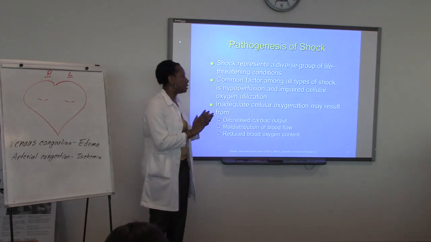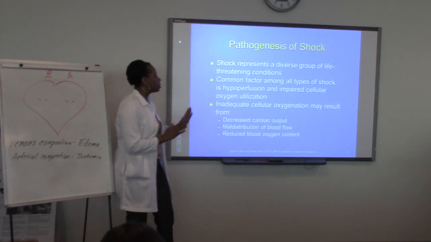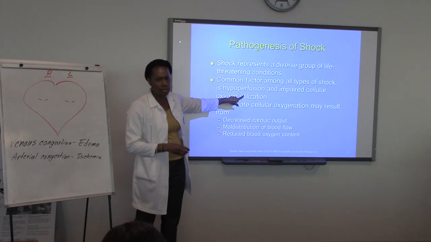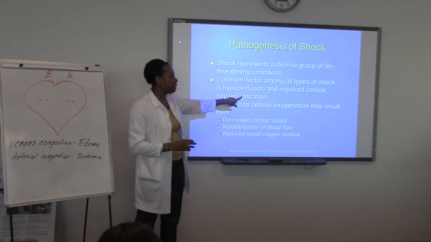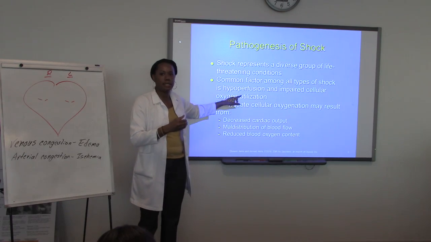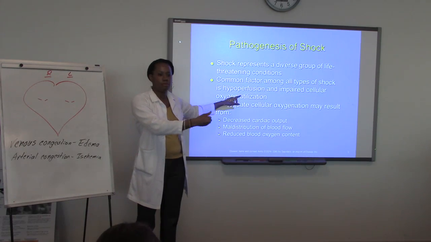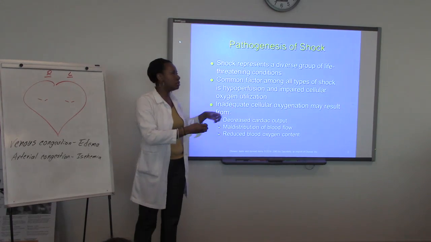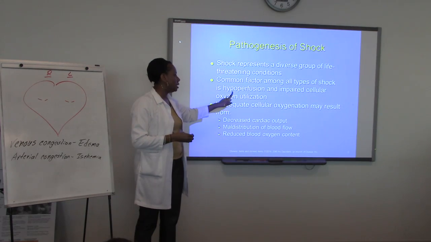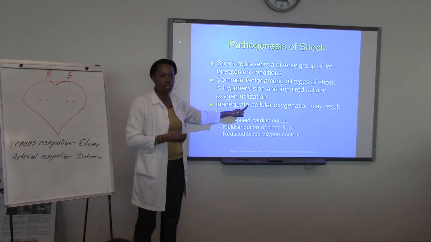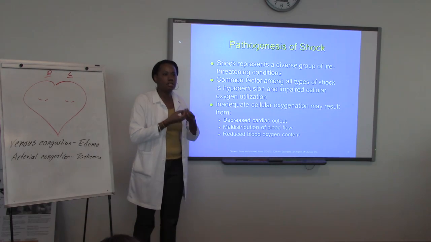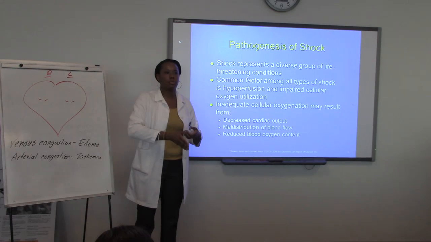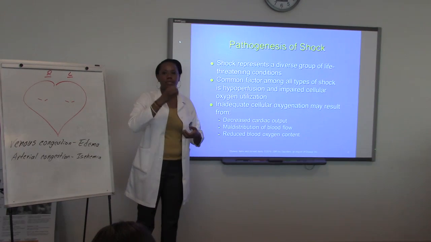And so we'll get into all the different types. So it is what is called a hypoperfusion, and we talked about this term the last time we met. Hypoperfusion, meaning that this is a lack of blood flow, or the rate of blood flow is actually slowed down to the point that it impairs cellular oxygen utilization, which means that the cells and tissues are not getting the oxygenated blood that they need, so much to the point that the tissue or organ will die.